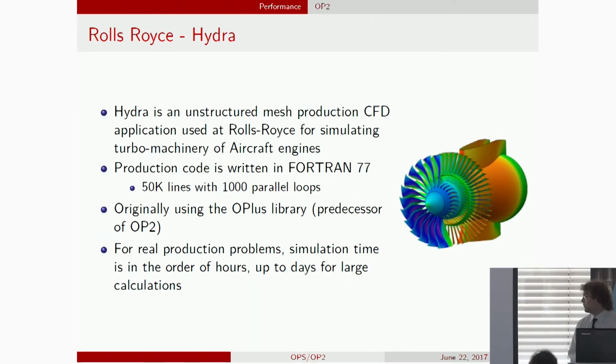And for the OP2 library, I give this example, the Hydra code, which is an unstructured mesh-based CFD application for simulating turbomachinery of aircraft engines. It's basically written with the OPlus library, the predecessor of OP2, and in Fortran.